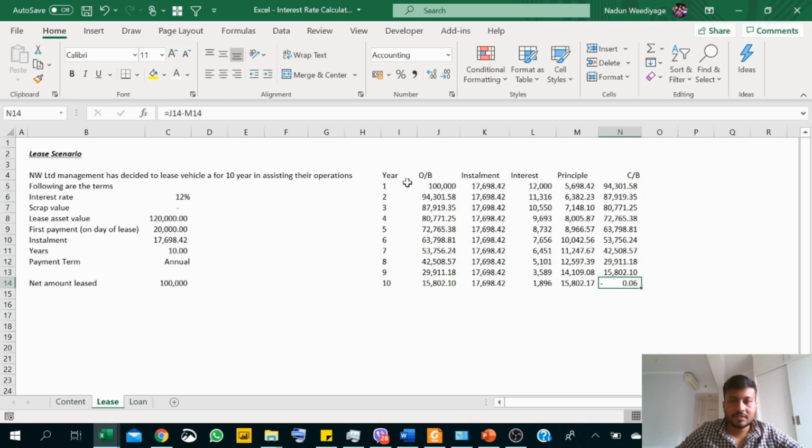So this is the theoretical aspect of calculating the loan interest and principal amount. So in total you have paid interest of 76,000.